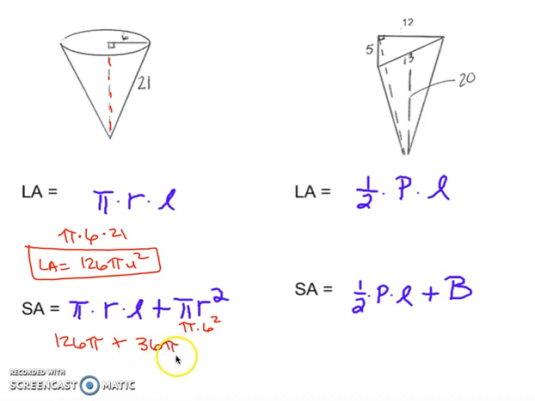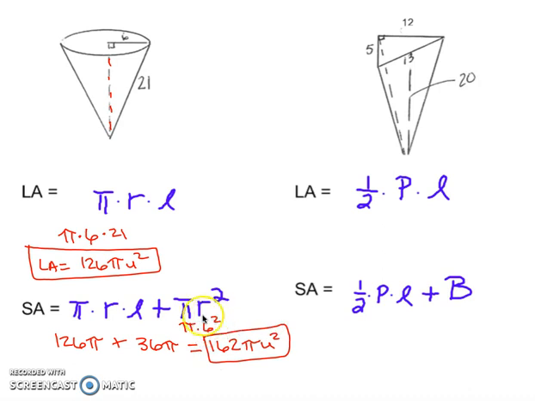So we have 126 pi plus 36 pi. Now, just like combining like terms, both have pi in it, so we can just combine those two to get 162 pi. And we know that we're still finding area, so that would be units squared, is what my answer would be there.